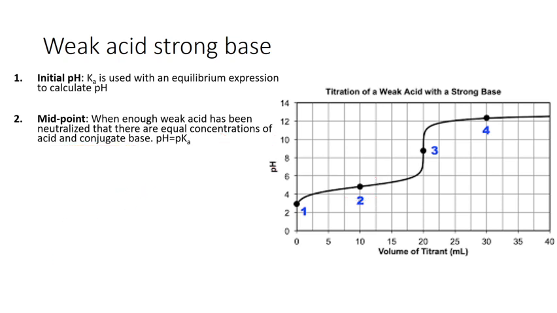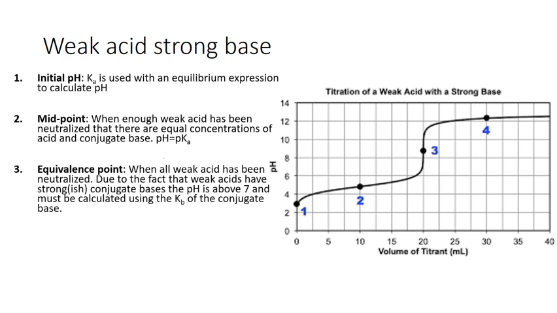So that's something good to remember, that at the midpoint of any weak acid, strong base, or weak base, strong acid titration, at your midpoint, pH is equal to pKa.